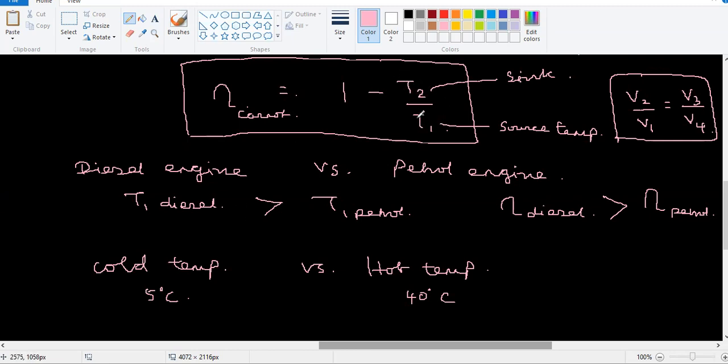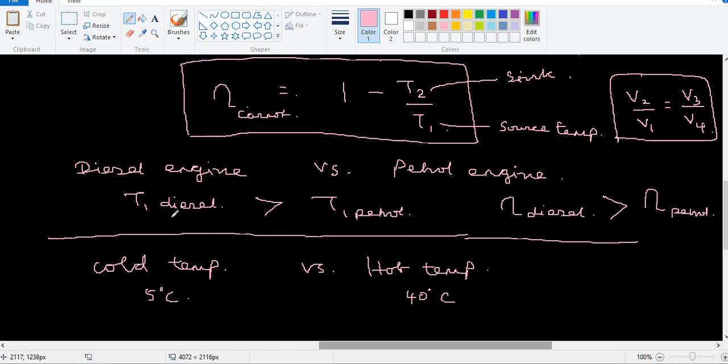Assuming T1 is the same, here we assume T2 is constant. Here assume T1 is constant. So take it down properly.